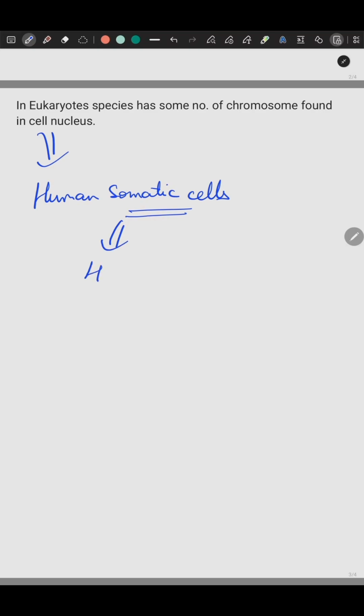Now, in eukaryotes, each species has a special number of chromosomes, or we can say some characteristics of chromosomes, found in the cell nucleus. For instance, here is an example of human somatic cells. Here a total of 46 chromosomes are found, or 23 in pairs.